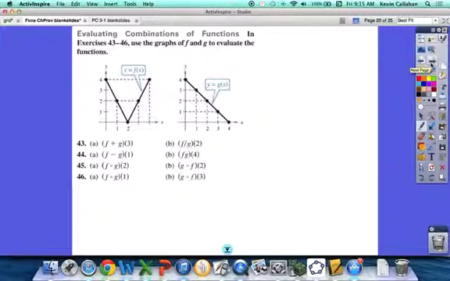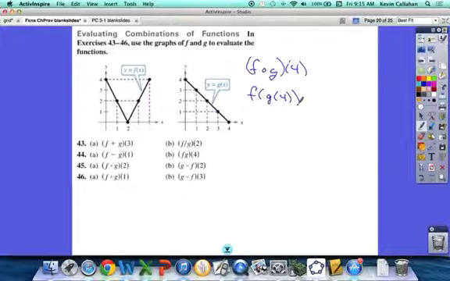I think the reason that I put this on was because there is going to be a problem where you're given f of x and g of x, and you're told to do something like find f of g of 4. So remember how we do that? We write it like f of g of 4, and then what?